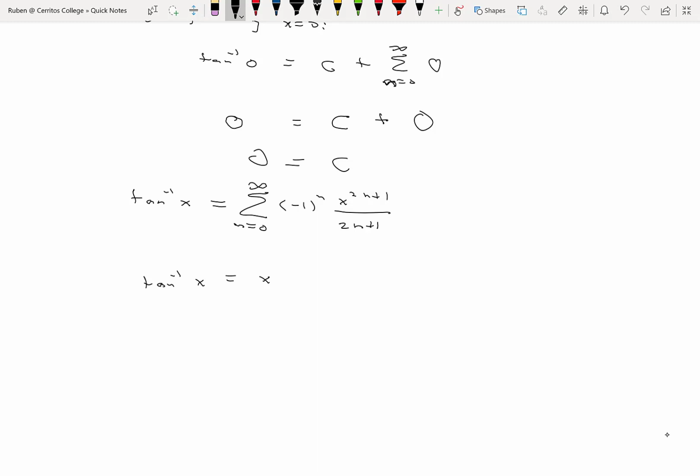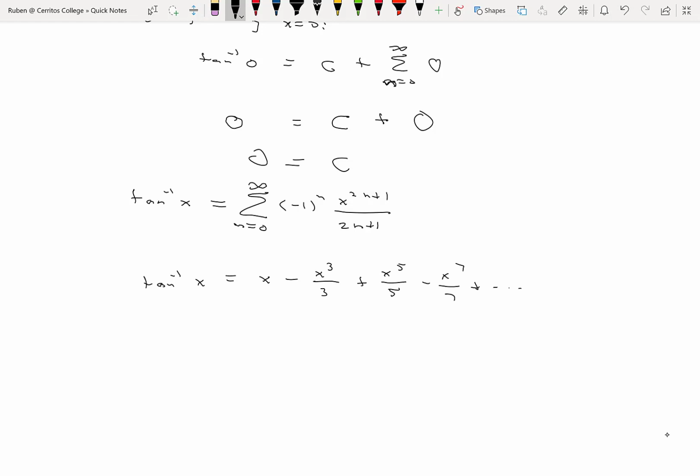N equals 0, negative 1 to the 0 is 1. X to the 2n plus 1 is x to the 1 over 1. When n equals 1, I get minus x cubed over 3. N equals 1, 2n plus 1 is 3. N equals 2, I have x to the 5th over 5 minus x to the 7th over 7 plus dot dot dot.